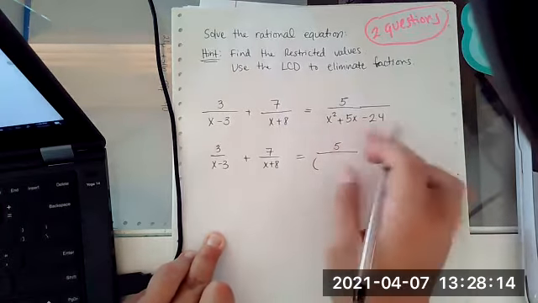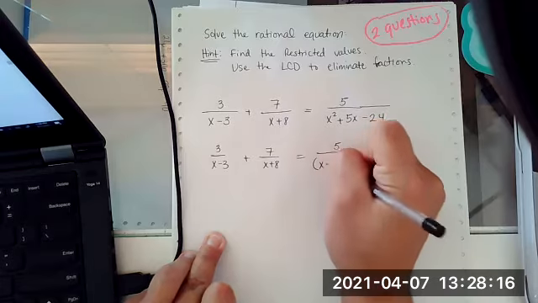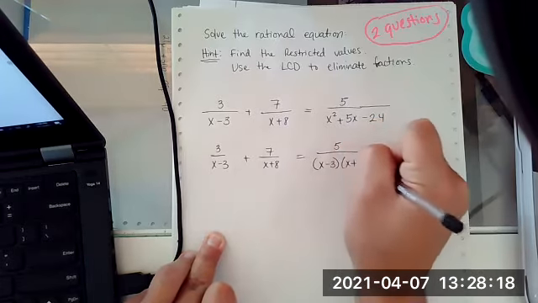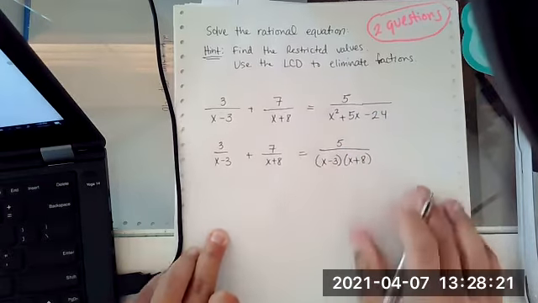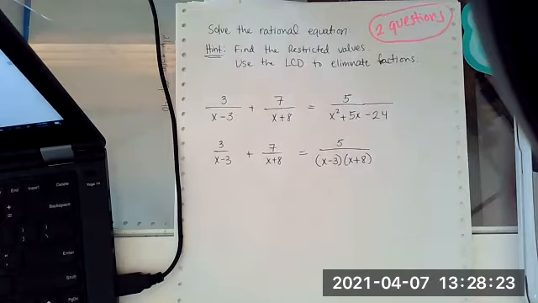Okay, so this just factors into x minus 3 and x plus 8. Okay, so we factorized this just so that it looks a little bit less intimidating.